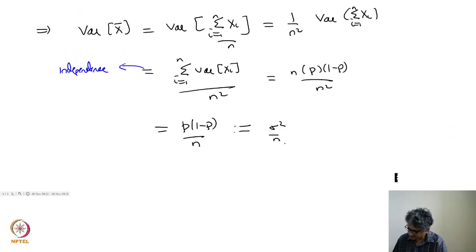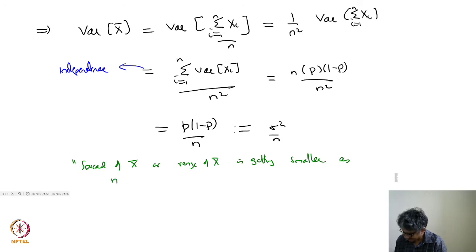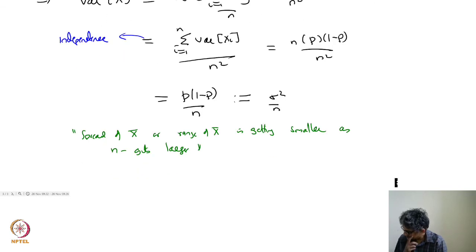What does the variance sigma squared by n mean? This means that the spread, or the range, of x bar is getting smaller and smaller as n gets larger and larger. This is what we said a long time back, that SD signifies the range of x bar.